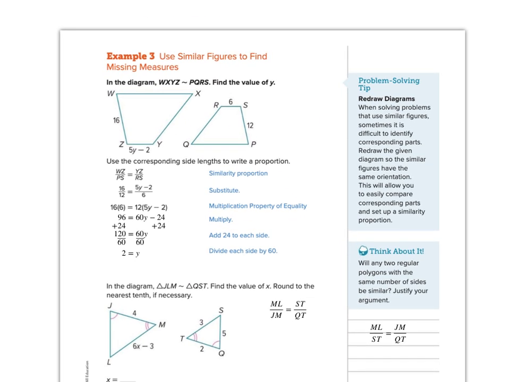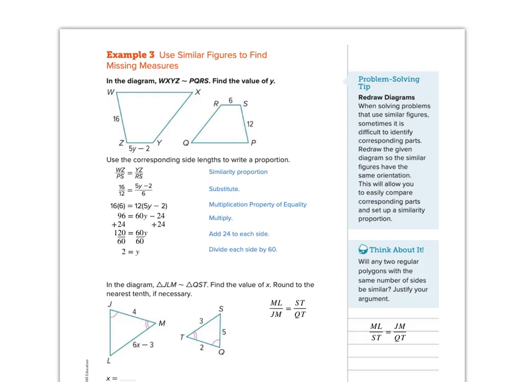Looking here, using similar figures to find missing measurements. Love the cross product property. We're going to use this a lot. Some of you referred to it back in 8th grade. 7th grade was the butterfly method. So we can just write our ratios into proportions, and we're able to determine what we're missing.